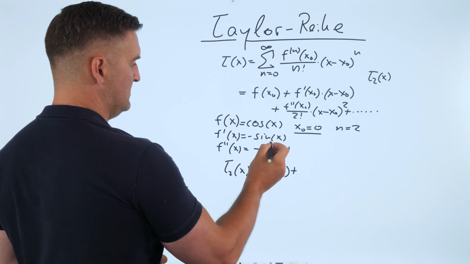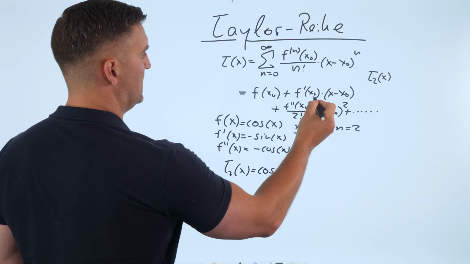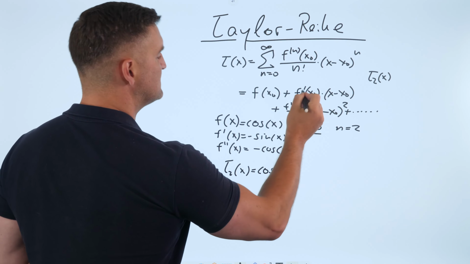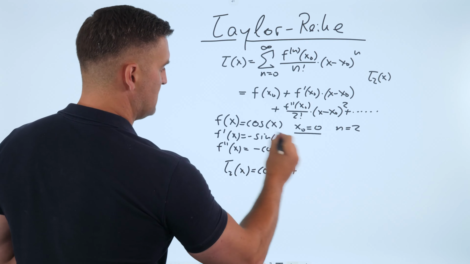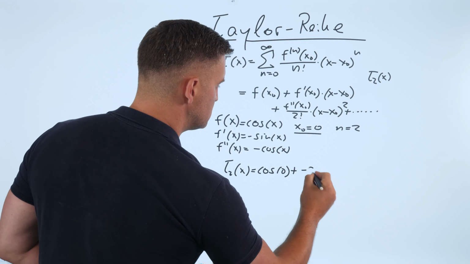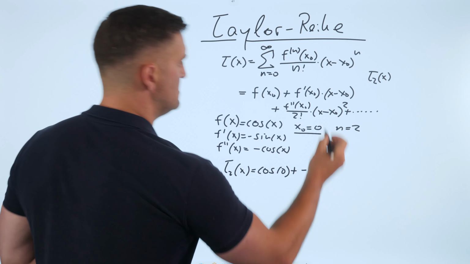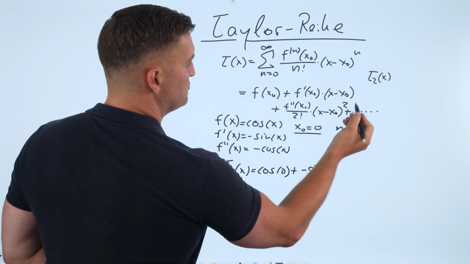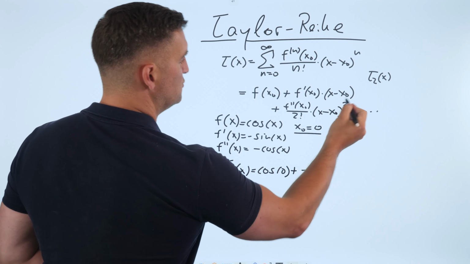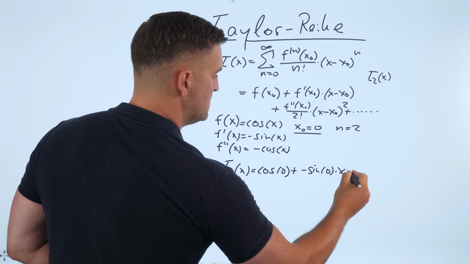We plugged 0 into the first derivative, so the first derivative is minus sine. So minus sine of 0 times x minus x naught. x naught is 0, so it just remains times x.